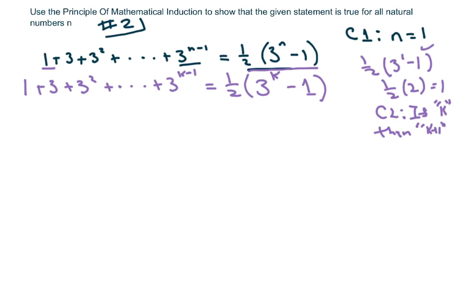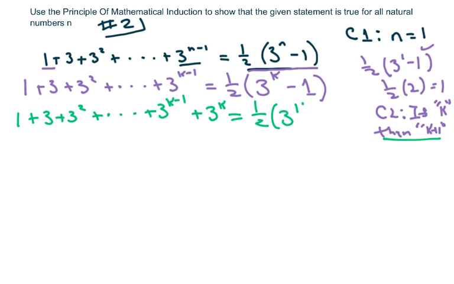Now I'm going to add my next term and check for the k plus 1 here. So we have 1 plus 3 plus 3 squared plus ... plus 3 to the k minus 1, little 1. The next term is going to be 3 to the k, and we discussed that in the previous video, equals 1/2 (3 to the k plus 1, because I'm adding the 1 to that, minus the big 1).